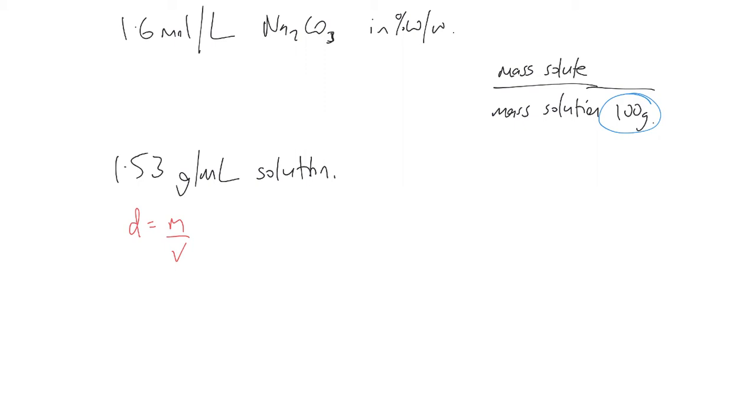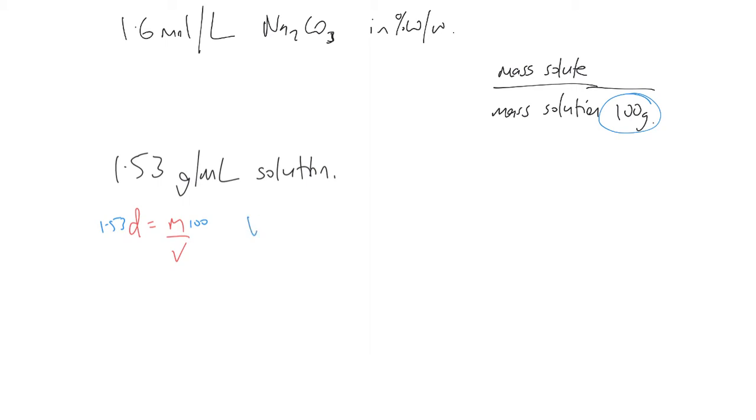I will work out that I need the volume then, because I've got the mass, it's going to be 100. I've got the density, 1.53. I'm going to be looking for the volume that 100 grams is.